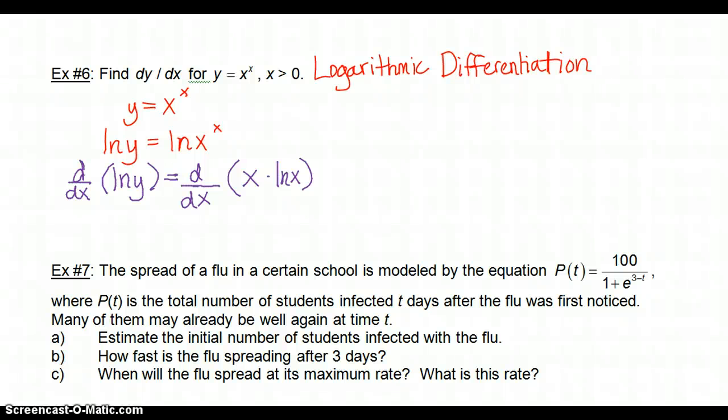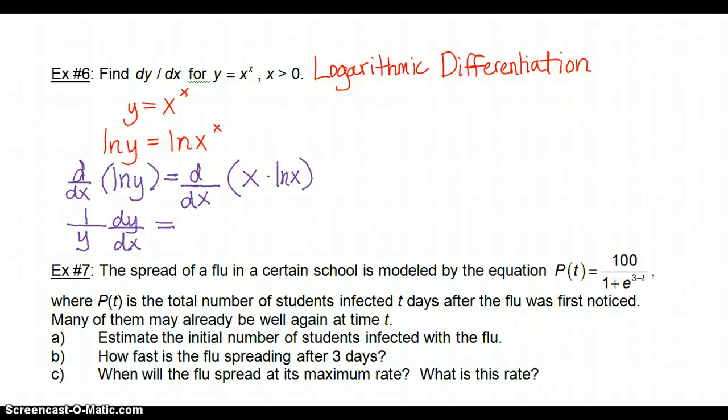On the left side, we just learned what the derivative of a natural log is, that was 1 over. So it's going to be 1 over y, and then dy/dx. That's implicit differentiation. The derivative of a natural log is taking 1 over whatever you're trying to differentiate.